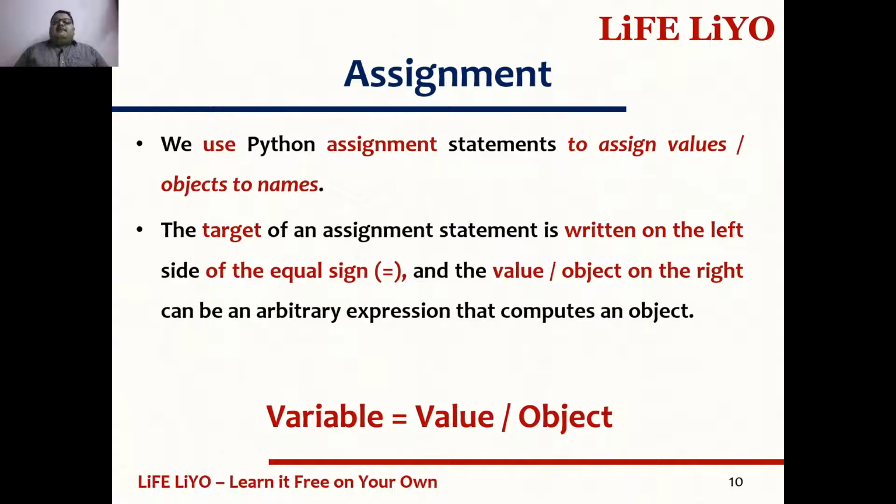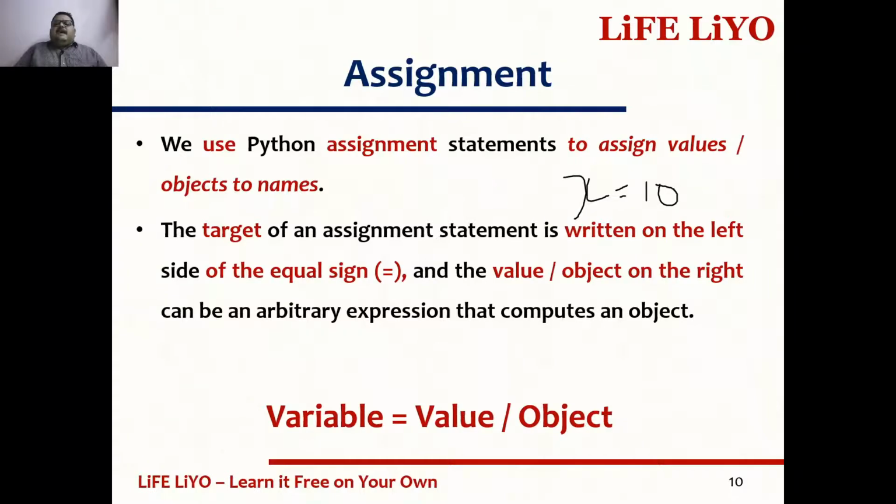Then assignment. What do you mean by assignment? Assignment is nothing but assigning some value to objects or names. So if you have taken a value 10, and you want to store the 10 in x, we write it as x equal to 10. What does x equal to 10 mean?